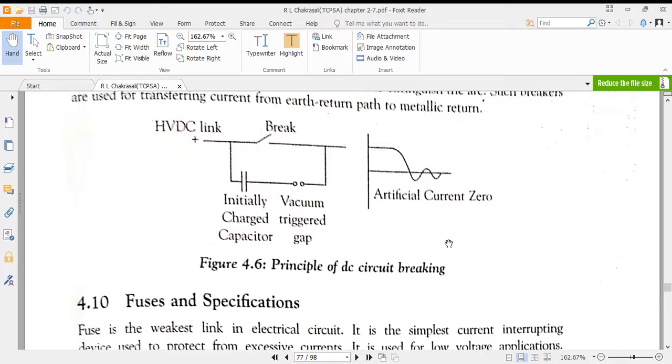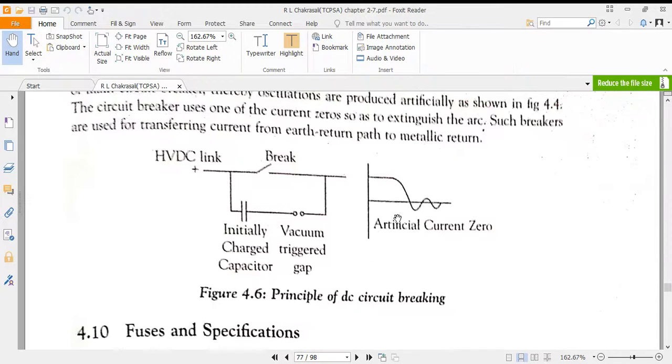So this is the principle of operation of DC circuit breaking.